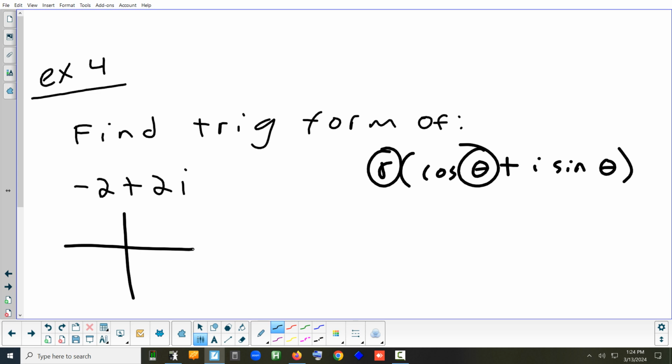How do you graph the point -2 plus 2i? That's the first thing we did. Left 2, up 2. So what's going to be my radius in that triangle using Pythagorean theorem?